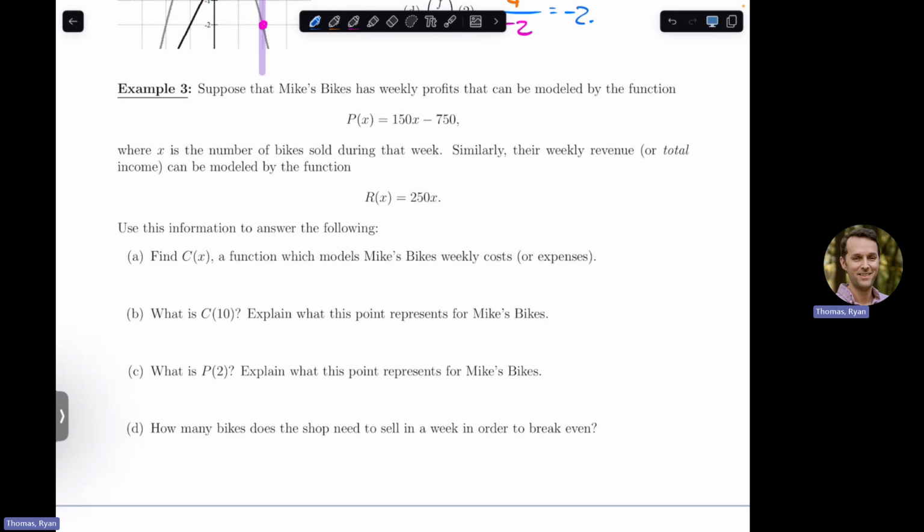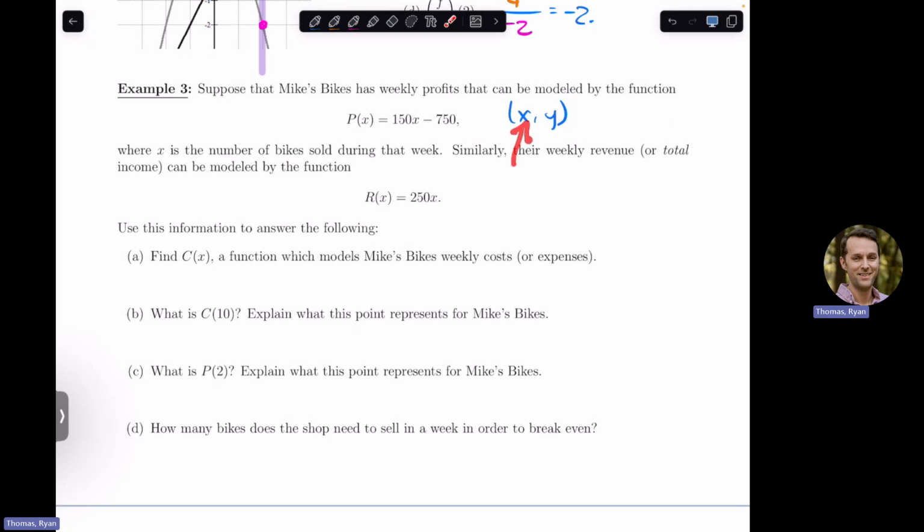So here's an example. Suppose that a bike shop named Mike's Bikes has weekly profits modeled by that function P of X, where X is the number of bikes sold during that week. So that function gives you a bunch of X, Y pairs, right? What do points on that function tell me?